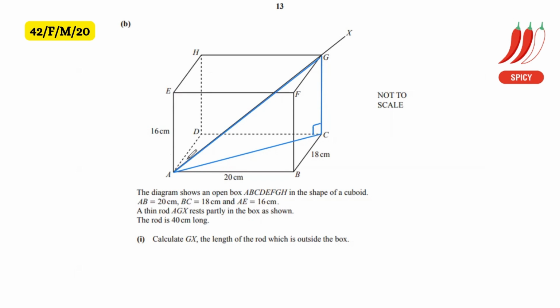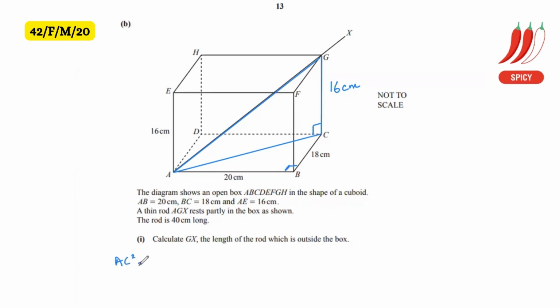As I highlighted, we have a right angle triangle in this cuboid. In a cuboid, we have all rectangle faces, and each of the rectangle faces have right angles. So using those right angles, we can find the length of AC. GC is the same as AE, so that's going to be 16. To begin with, let's find AC.